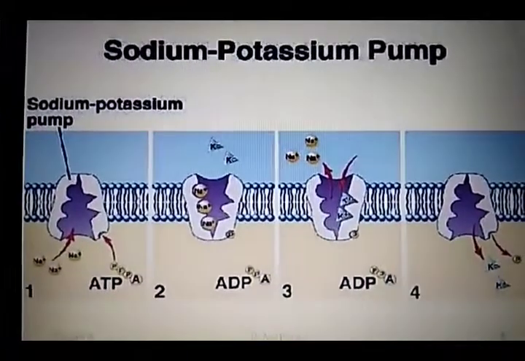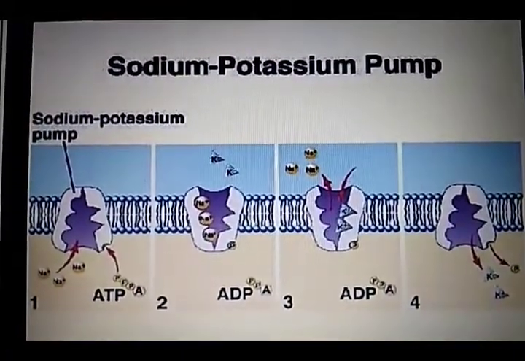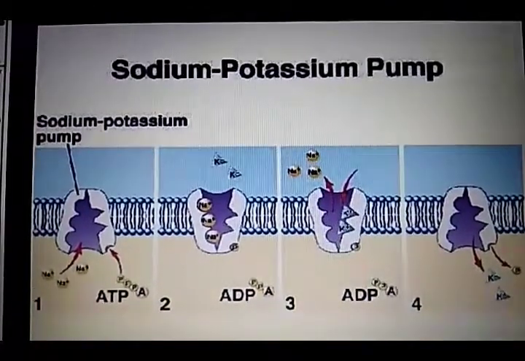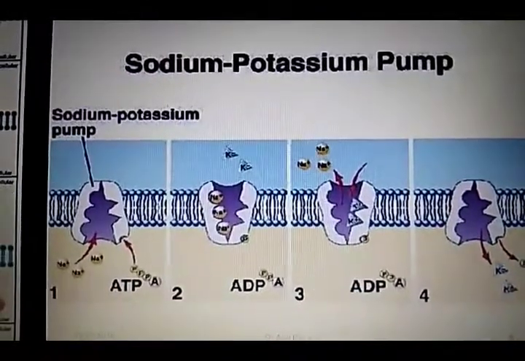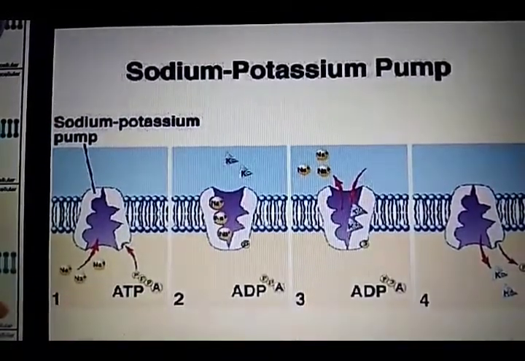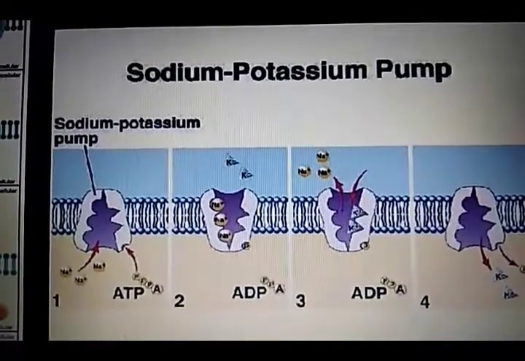Let us understand about the mechanism of the sodium potassium pump. In the figure you can clearly see that 3 sodium ions from the cell get attached to the receptor site of the sodium ions on the inner surface of the carrier protein.